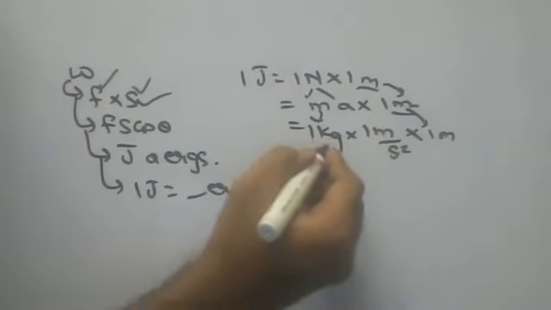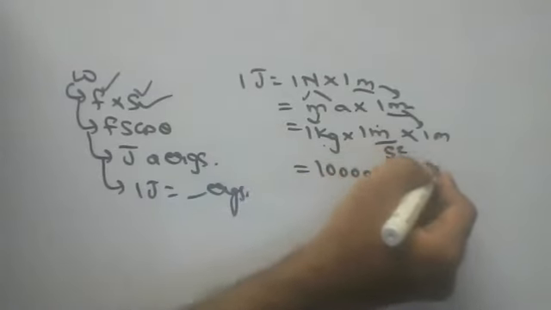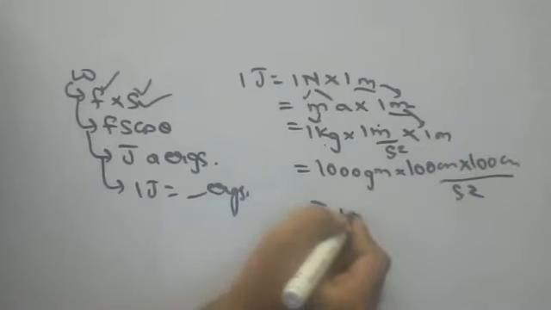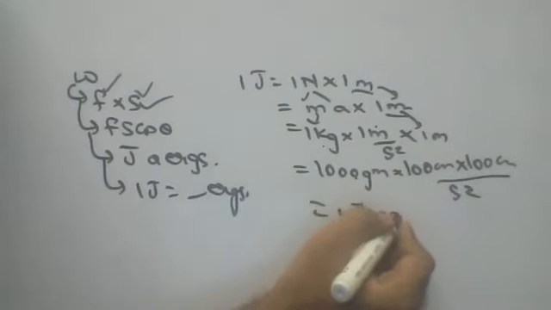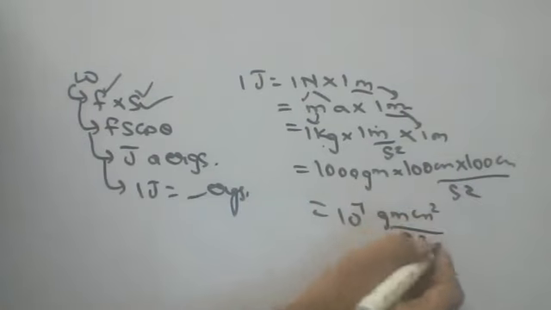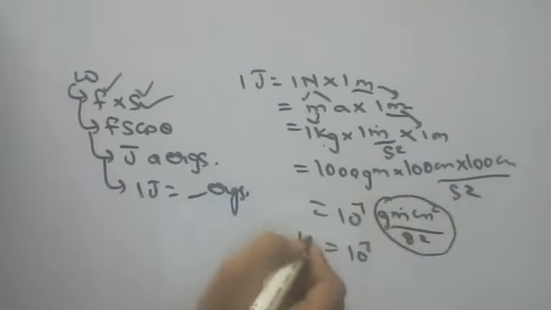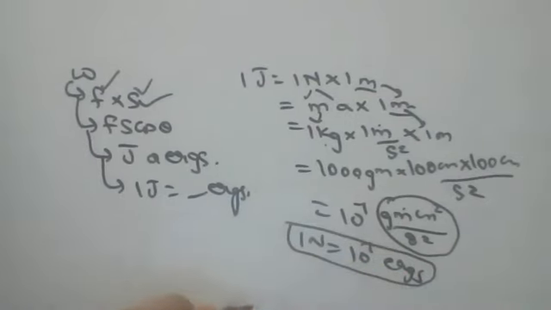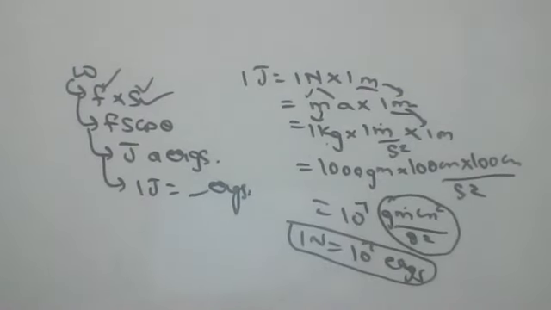Okay, children. 1 kg means 1000 grams. Please carefully understand. 1 meter means 100 centimeters. So 1 meter per second square means 100 centimeters per second square. So 10 to the power of 7 grams centimeter square per second square is called erg. Children, this is the relationship between SI unit and CGS unit.